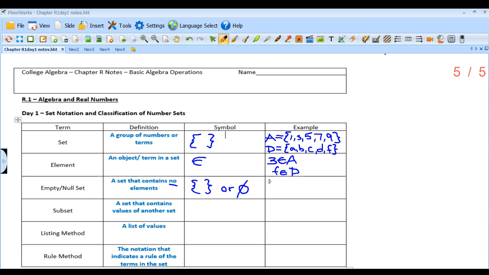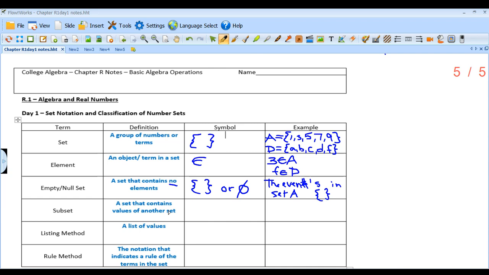So if I were to ask you, what are all the even numbers in set A? Well, if we look at set A, these consist of all odd numbers. There are no even numbers. So therefore, it's the empty set because there are no even numbers in set A.